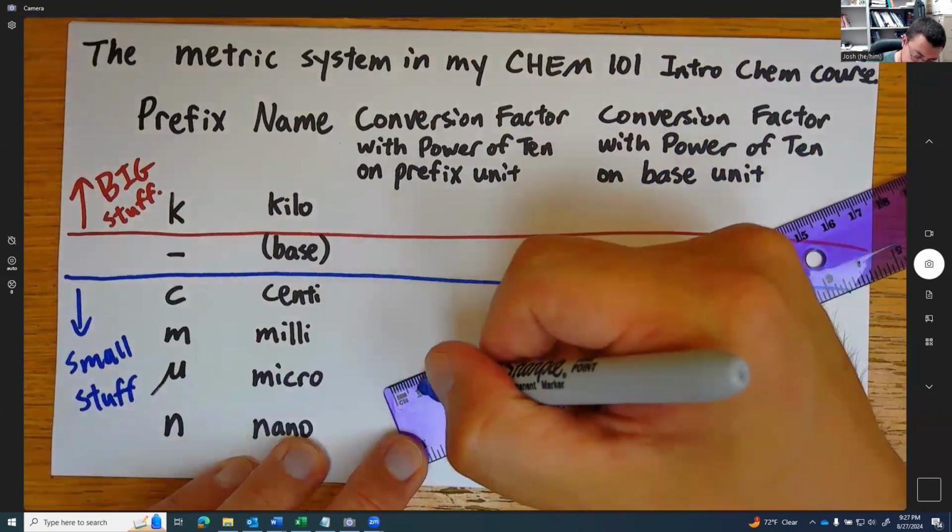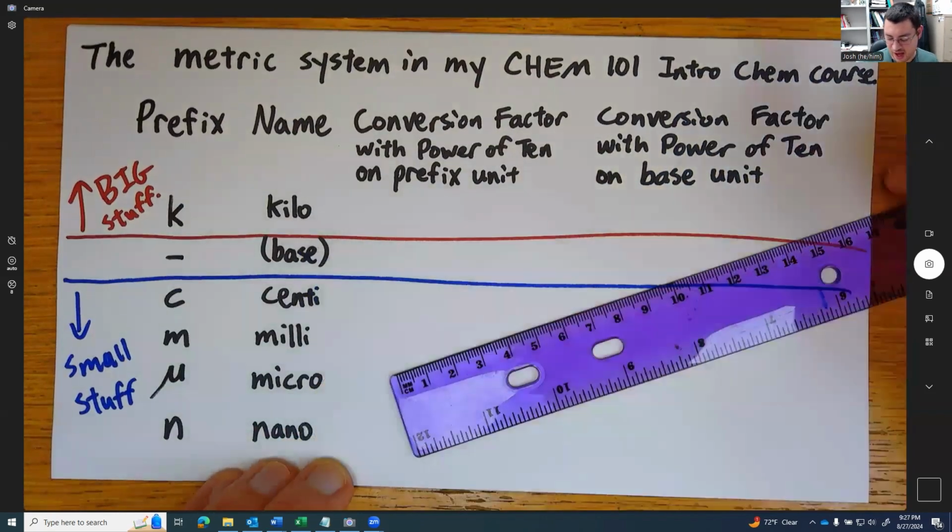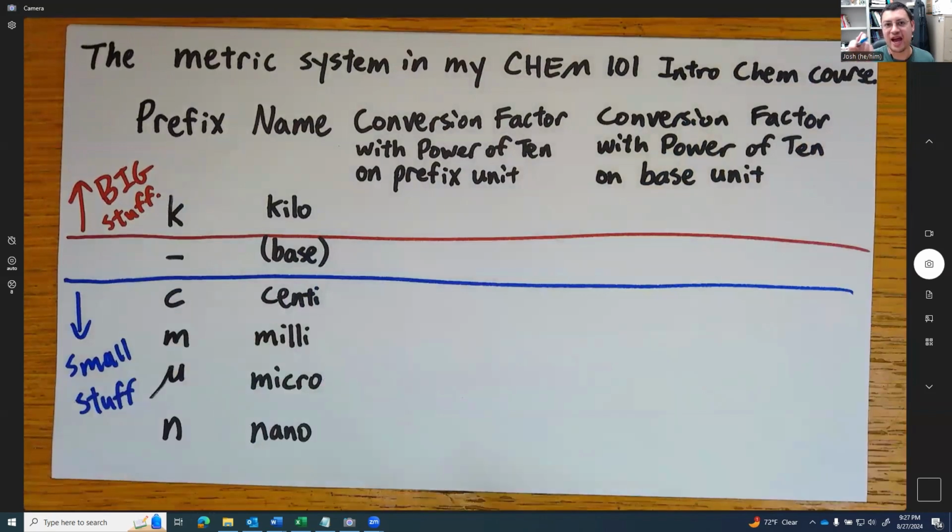A tenth of a centimeter is a millimeter, even smaller. Micro, now we're talking about like hairs, like for a micrometer. And then nanometers, you're now approaching the levels of talking about atoms and things of that nature.